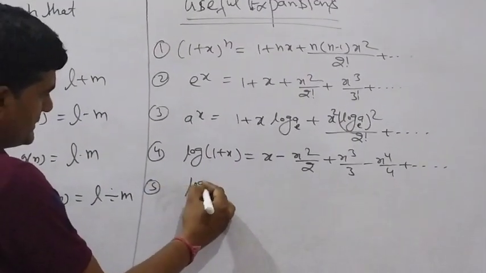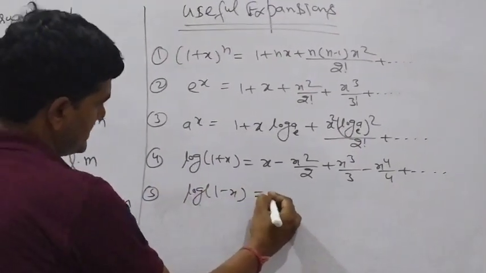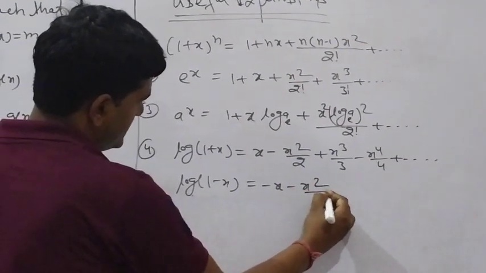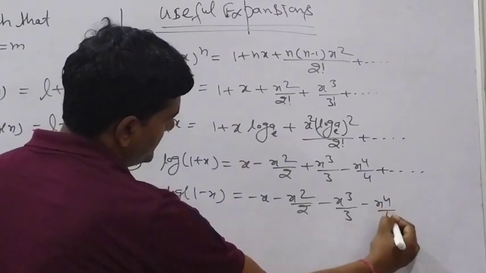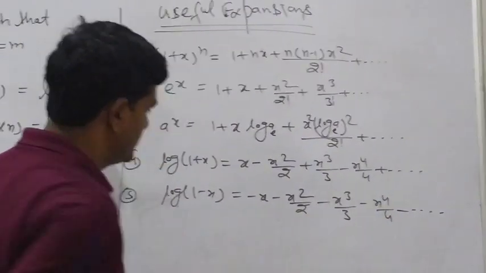Fifth one, log(1 minus x) is equal to minus x minus x square upon 2 minus x cube by 3 minus x power 4 by 4 and so on. Clear?